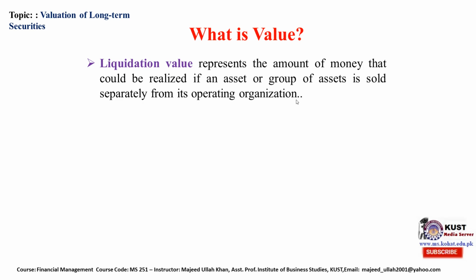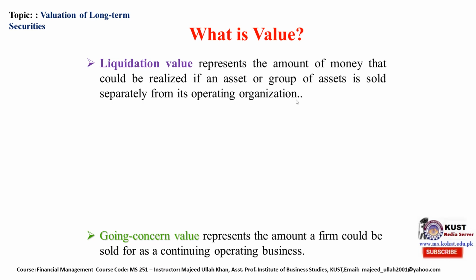That's why it is declared bankrupt or liquidated. SECP appoints a liquidator and dismisses all the management. This liquidator sells these assets separately and realizes money in order to pay those people who have claimed against the company.